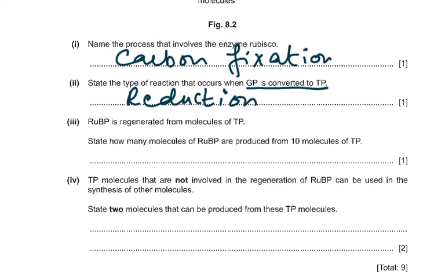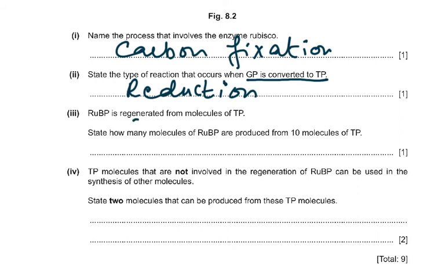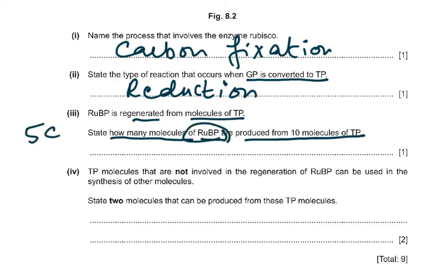Then it says RuBP is regenerated from molecules of TP. State how many molecules of RuBP are produced from 10 molecules of TP. Now you know RuBP is a 5 carbon, and 10 molecules of TP means 10 times 3, 30 carbon.